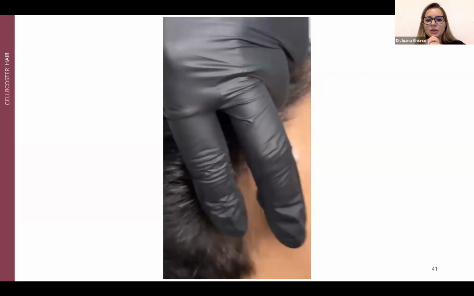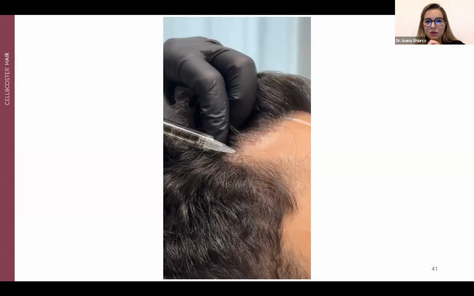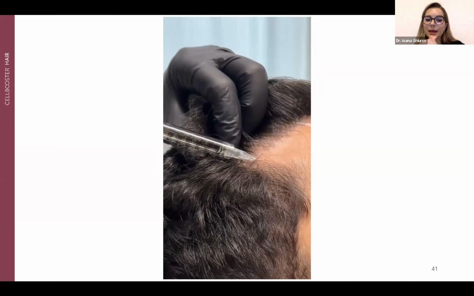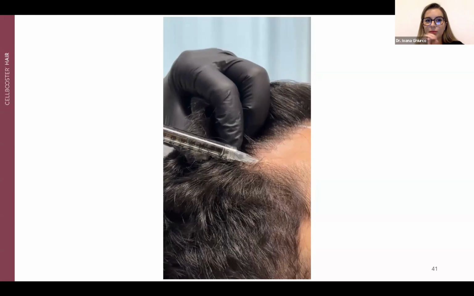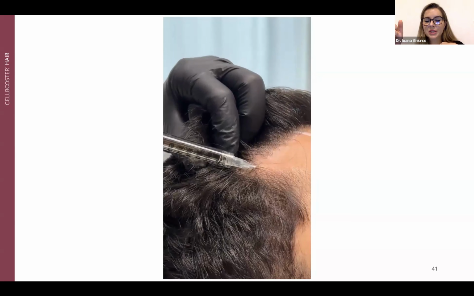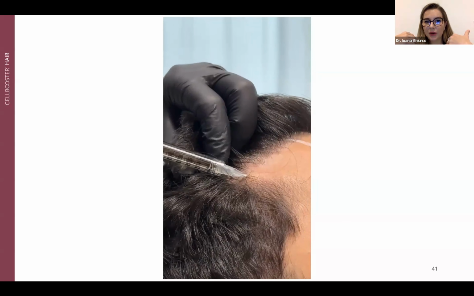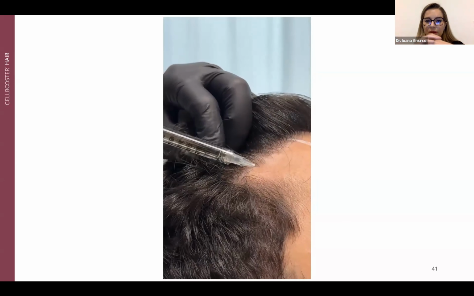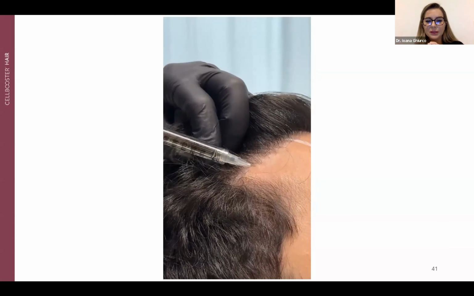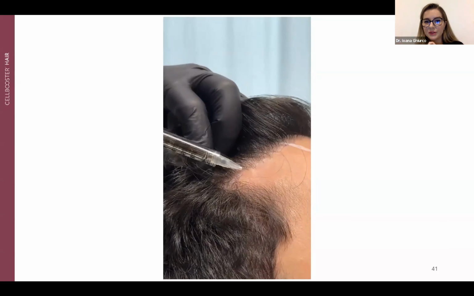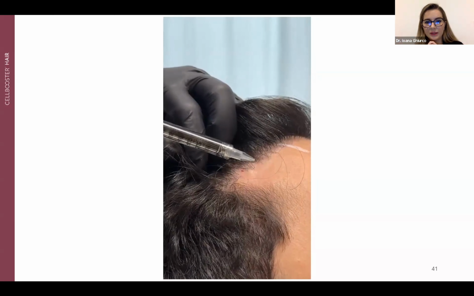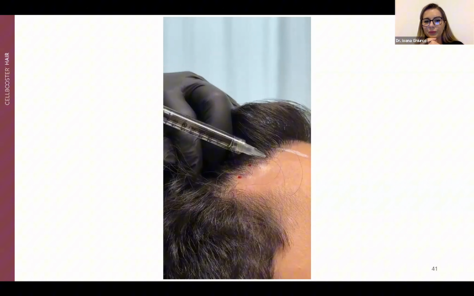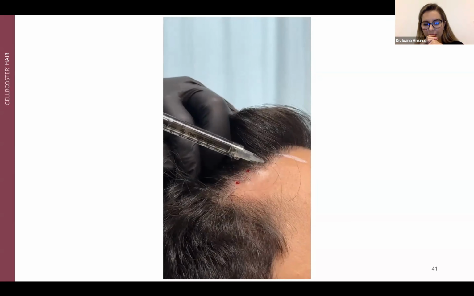We will inject the product slowly, and this is important also for pain, but also because if we put too fast a lot of pressure, the product will have the tendency to come out. So we go slowly in every injection point, and we try to deliver 0.025 milliliters. It's not difficult to see this on the syringe.